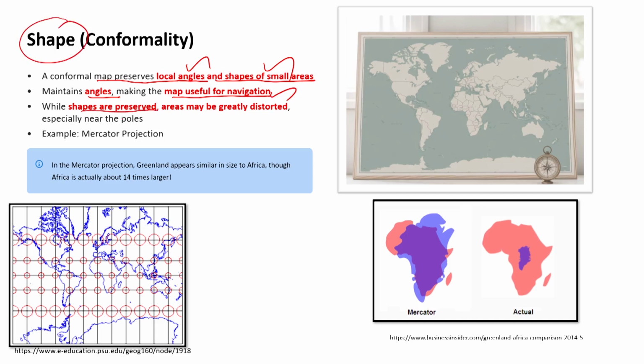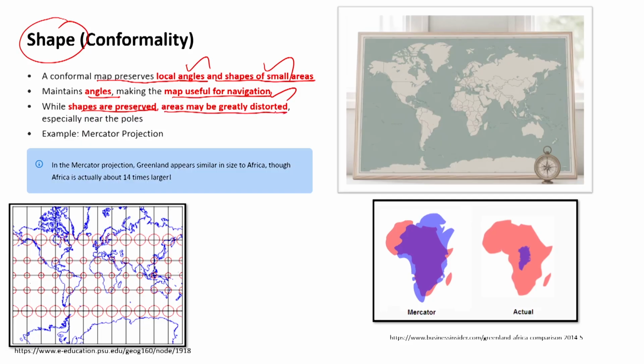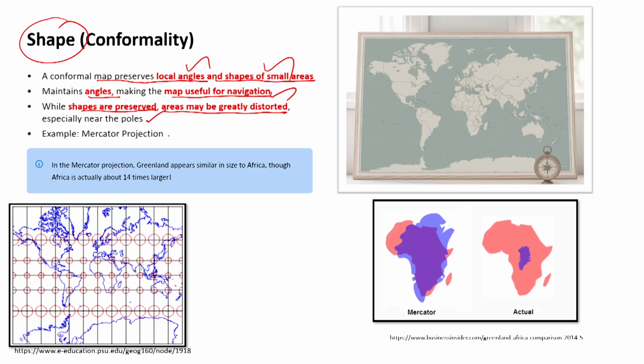So, shapes are preserved, whereas area may be greatly distorted, especially near the pole. As I said, for every projection, if we move away from the center point, there will be distortion. A very good example of shape conformality is the Mercator projection.